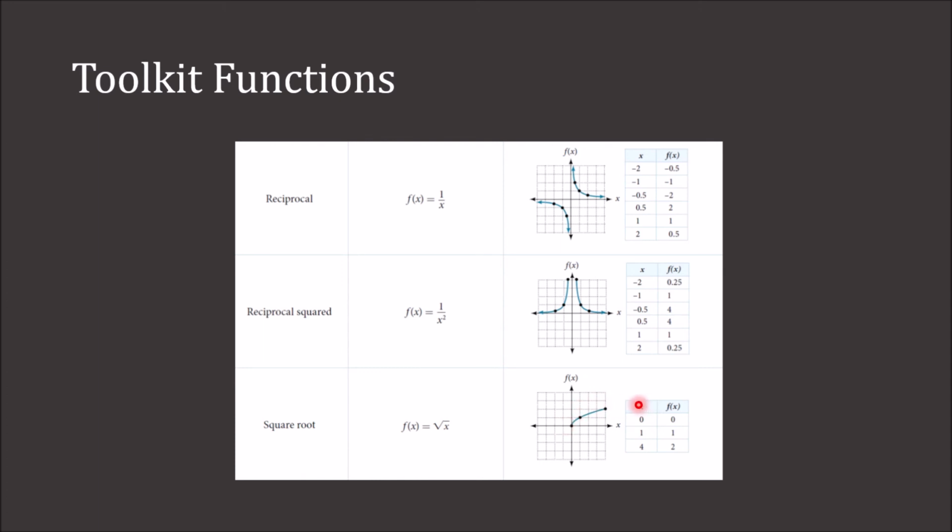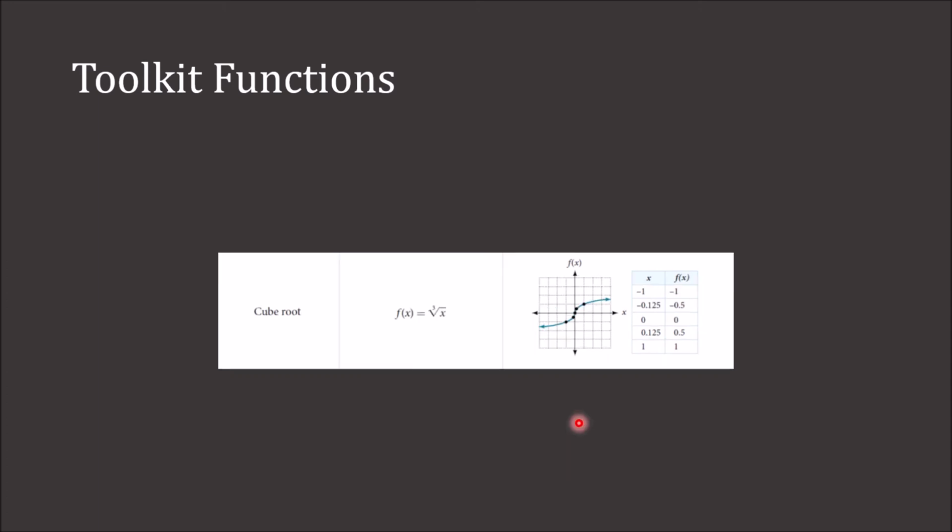This is 1 to 1. And finally, we have the cube root, f of x equals the cube root of x, which again is this curvy S kind of thing. And this is also 1 to 1. Now, the toolkit functions will be used a little bit later when we start looking at transformations of functions. However, that concludes this lesson on functions.